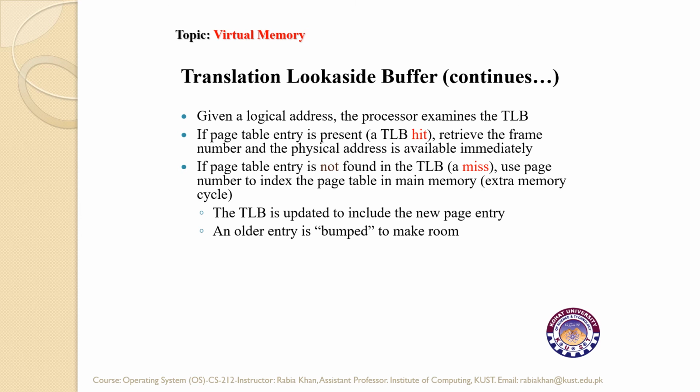How does the translation process work? Given the logical address, the processor first examines the translation look-aside buffer to get the frame number in order to access the physical address.